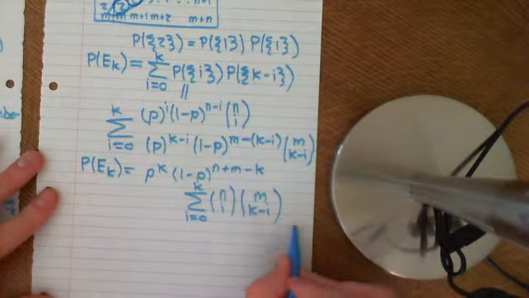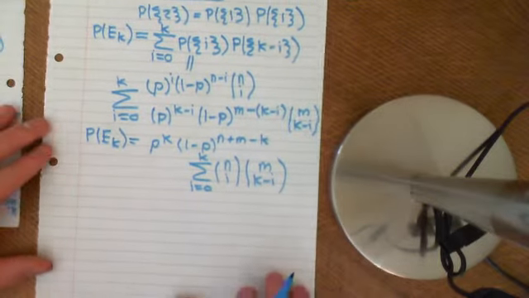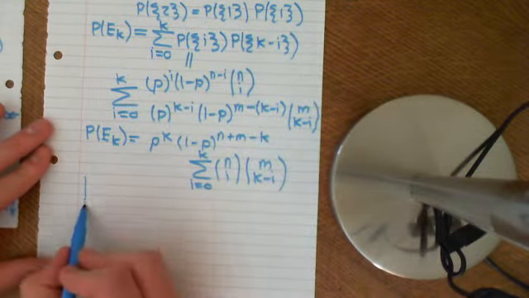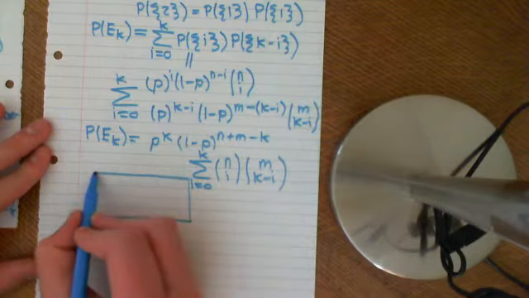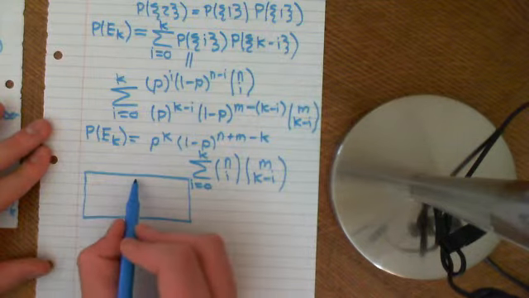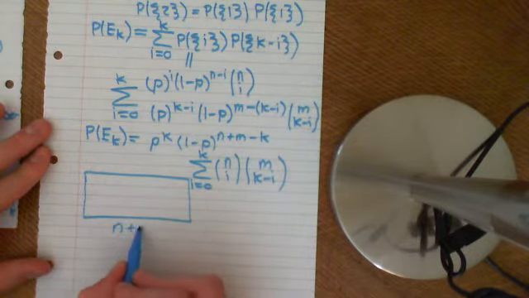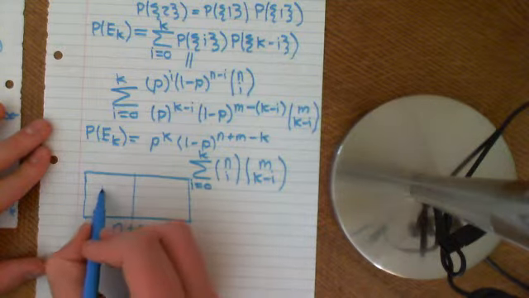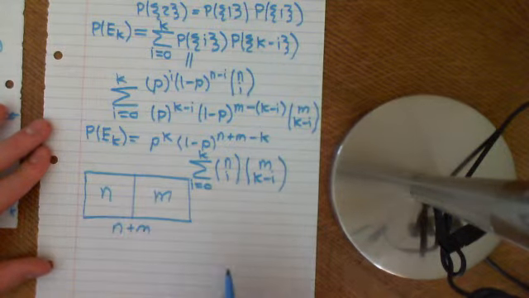And then by Vandermonde's identity, which I will quickly remind you the derivation of: if you have a set and the size of this set is n plus m, you can divide that up into n things and m things.